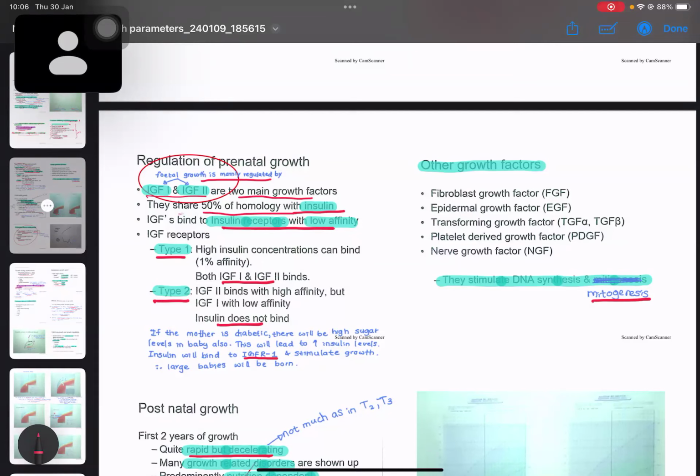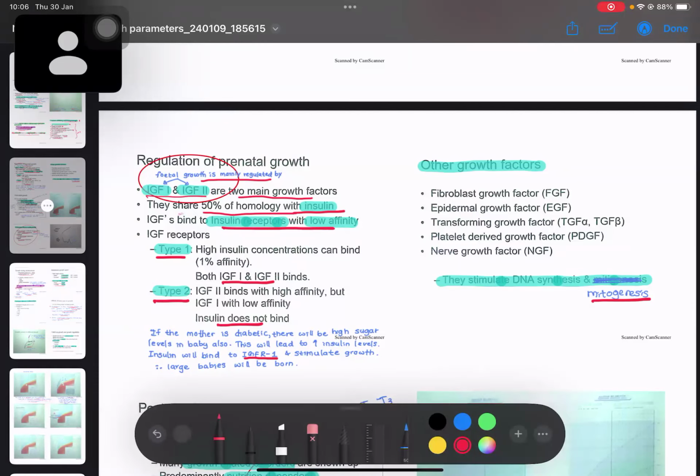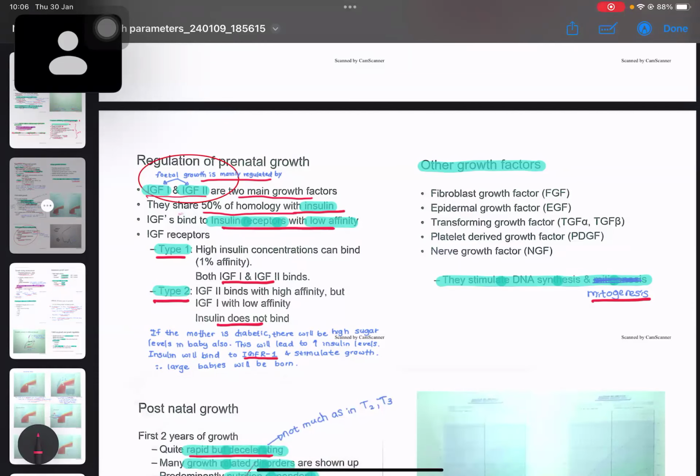And IGF binds to insulin receptors with low affinity. There are two types of IGF receptors. Usually they don't ask these things in MCQs, but you should know that IGF-1 and 2 are the main regulatory factors in prenatal growth. Okay, there are two IGF receptors, type 1 and type 2. Type 1 can bind insulin at high insulin concentration.